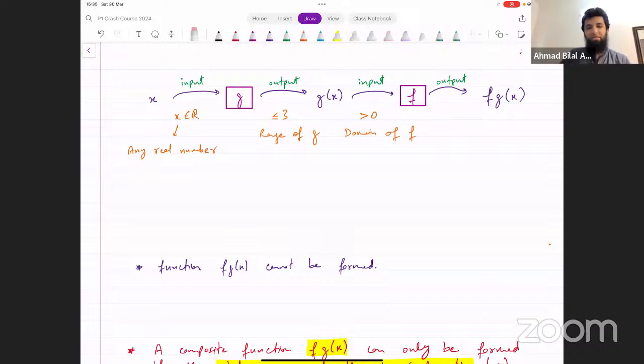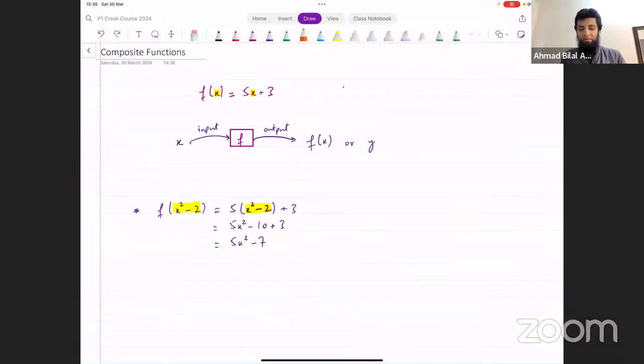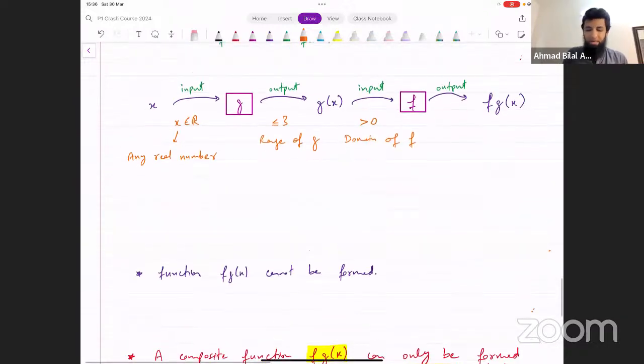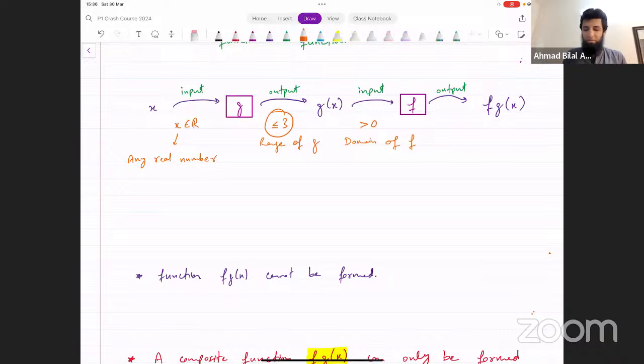In this case, that is not the case, because less than or equal to 3 has some values that you cannot input in this domain. It can also include negative values, and negative values cannot be input in the function f, because f takes only values that are greater than 0.